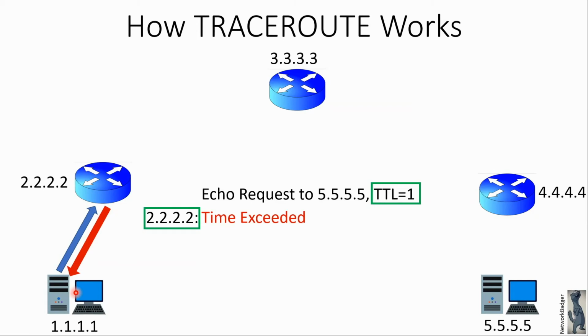Just like on the previous slide, time exceeded. But we expect that. And we expect the time exceeded message from the first router. In fact, all we care about, we want to see his IP address. That's all we need. We intentionally set our TTL to 1 because we want to capture the IP address of the device that will send us the expected error message.